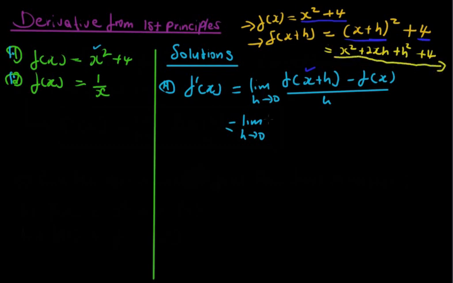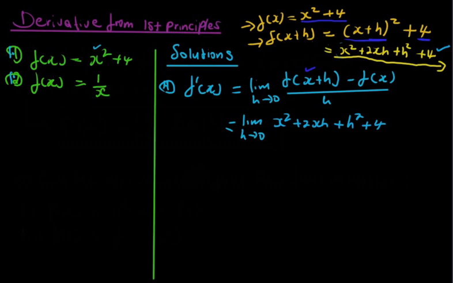So when we go down here, we'll just take that, and we will say x squared plus 2xh plus h squared plus 4. This is f of x plus h, because we got this when we were calculating f of x plus h.